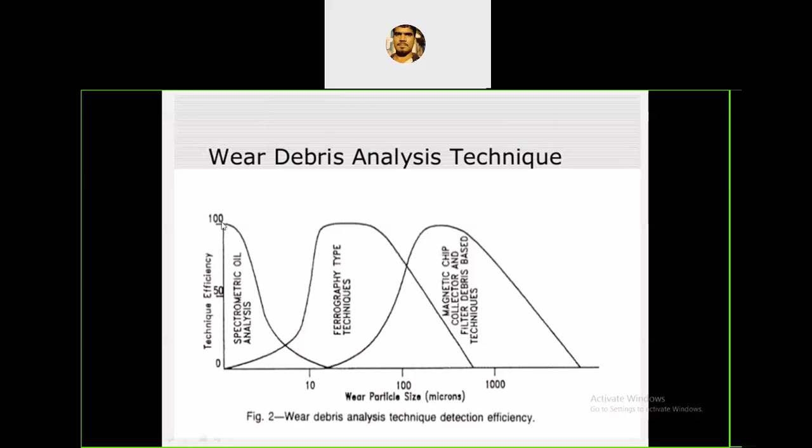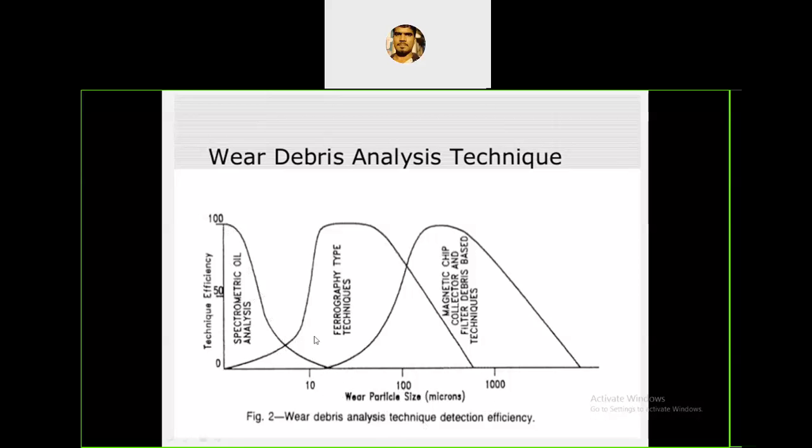As the micron value increases, the size of the particle increases. 100,000 microns is a very large particle compared to 100 microns, and 100 microns is somewhat bigger compared to 10 microns. So if the grain size increases or decreases, the efficiency also changes. For a very tiny particle, efficiency is 0.